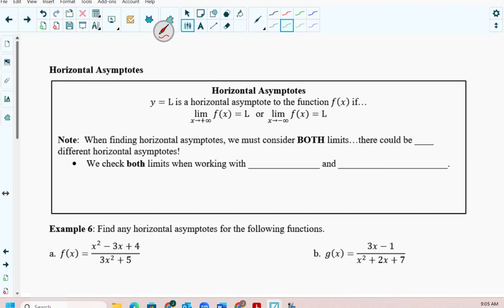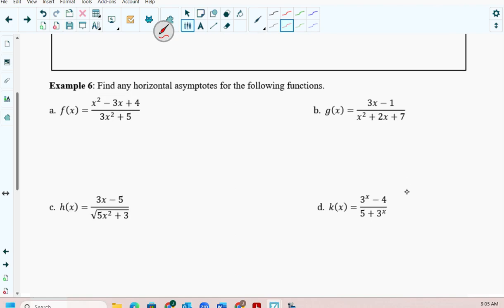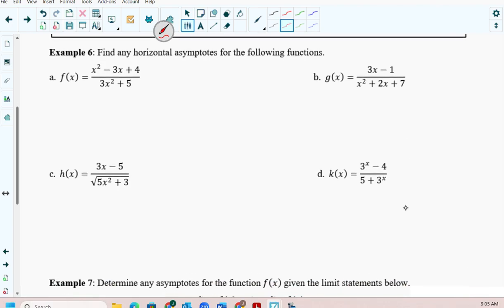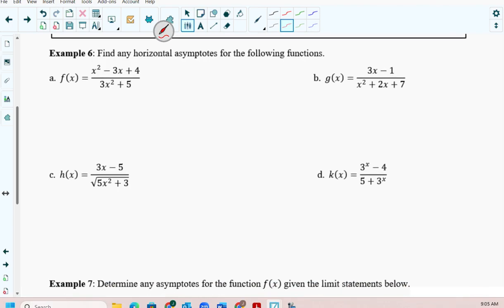All right, we've already talked about horizontal asymptotes. We're going to just come down here to example 6. I'm just asking you for horizontal asymptotes here. So guys, A, B, C, and D, try example 6 for me.